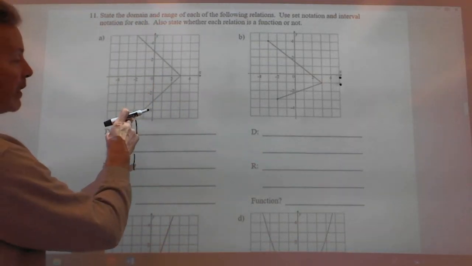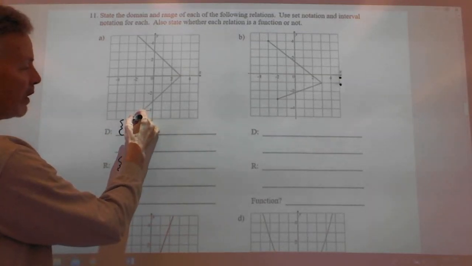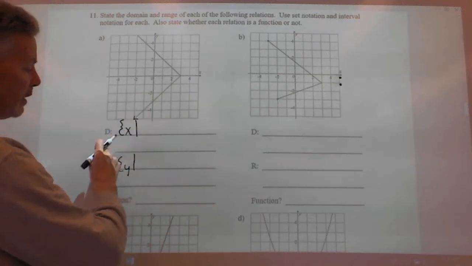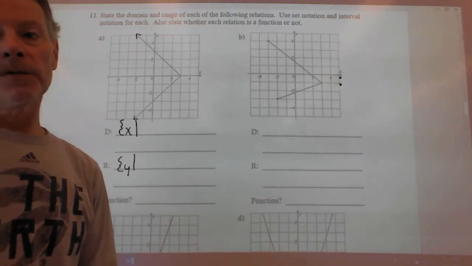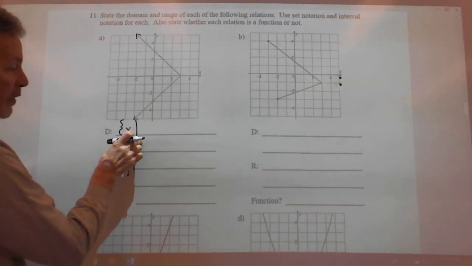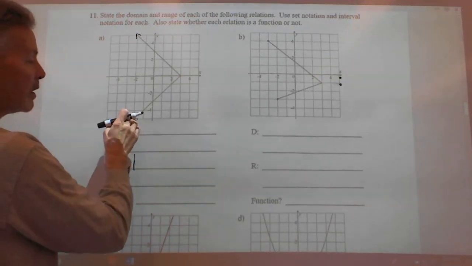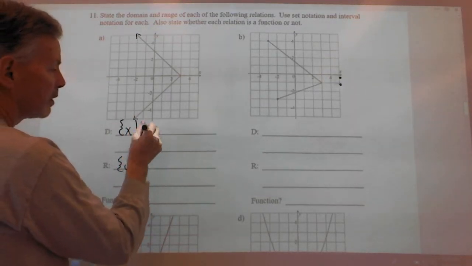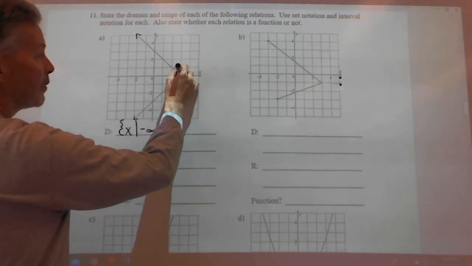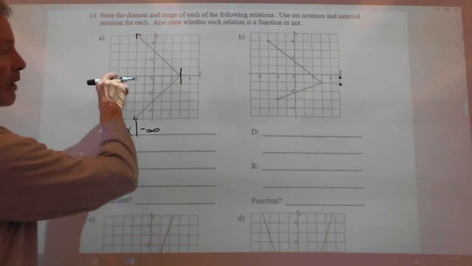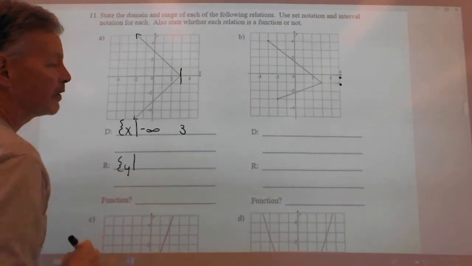If we take a look at the x values, since this line goes off the grid, we assume it goes to infinity in this direction and to infinity in that direction. So when it comes to discussing the domain, the lowest value here for your domain is -infinity. The highest value for your domain is right here, the furthest it goes along the x-axis, to +3.